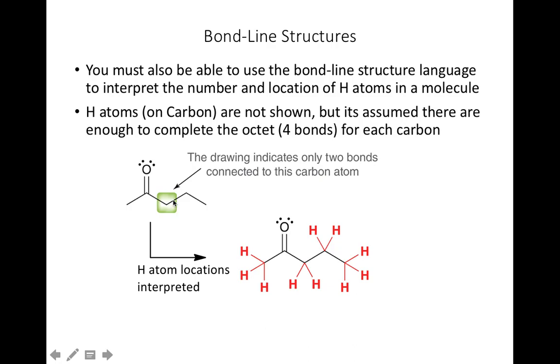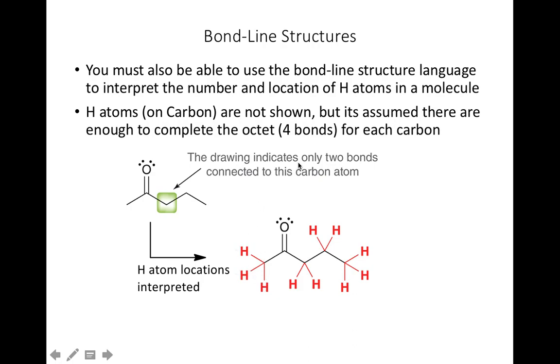So for example, if I focus in on this carbon, in the bond line structure I'm only showing 2 bonds. Because I know carbon must have 4 bonds, I know that there must be 2 hydrogens attached to that carbon. And these guys on the end, there's a carbon here, I'm only showing 1 bond in the bond line structure, so that means I know that there must be 3 hydrogens.